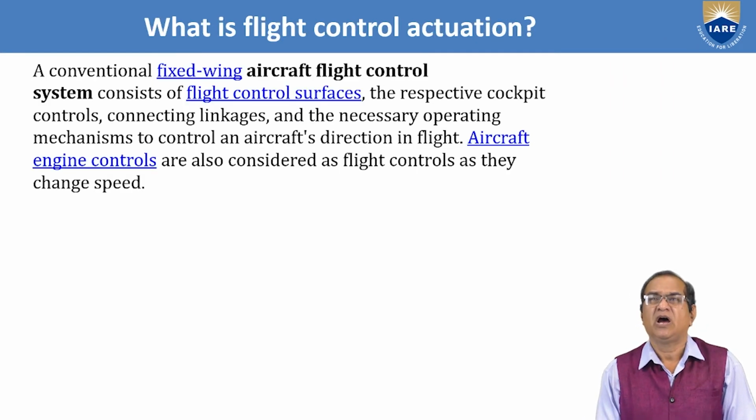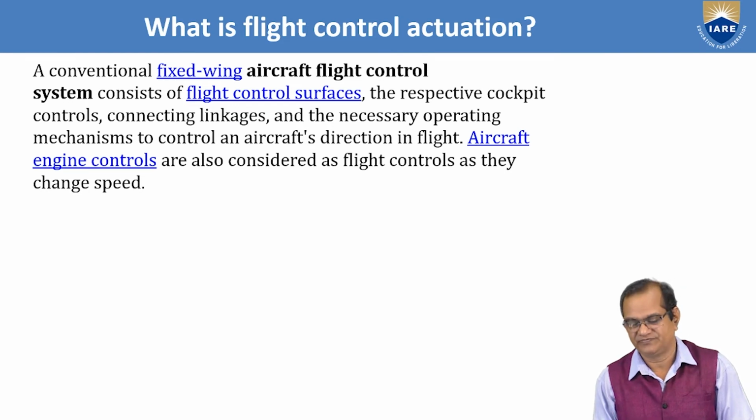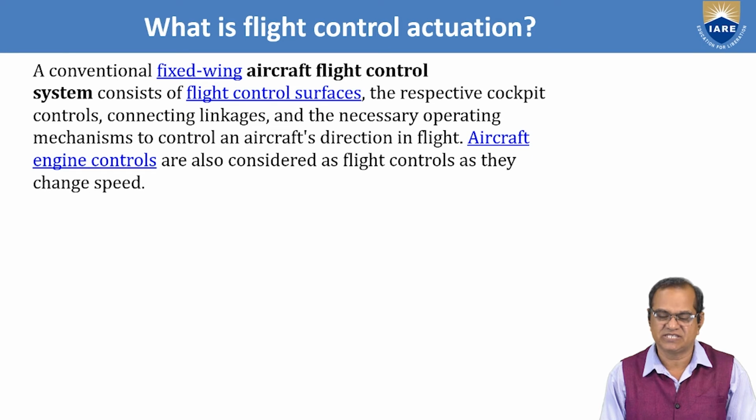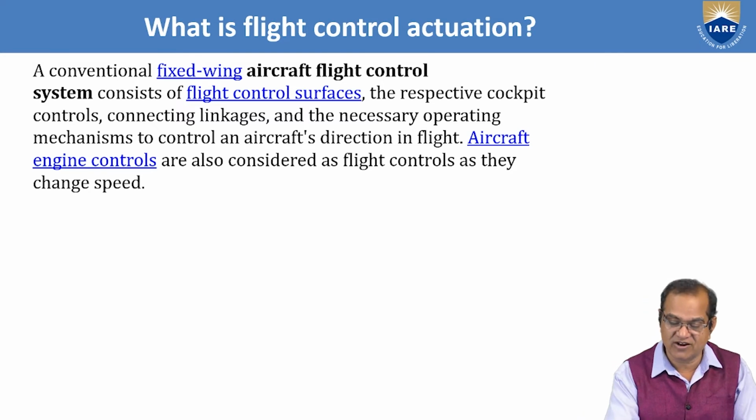What is flight control actuation? We have to understand what types of flight actuation we can do. A conventional fixed-wing aircraft flight control system consists of flight control surfaces, which I have just discussed. What are the flight control surfaces?